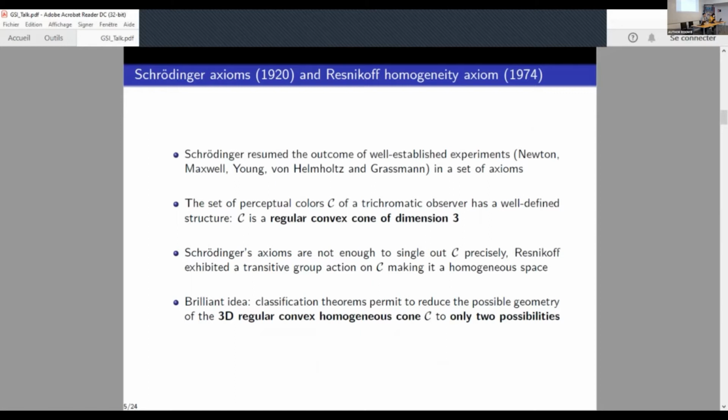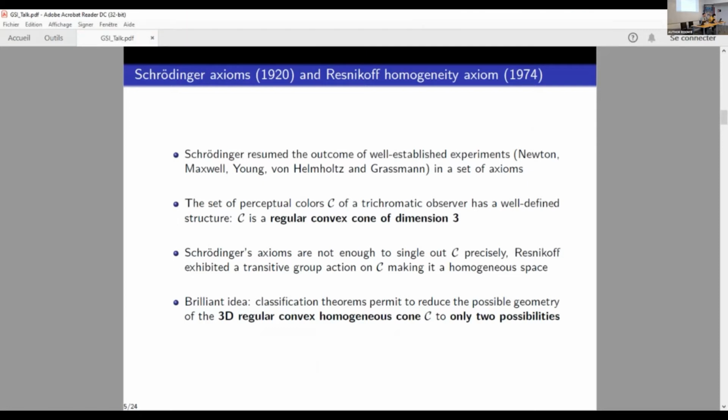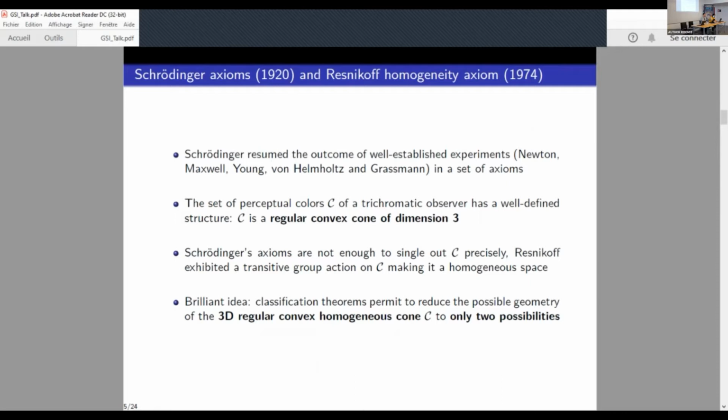The first hint is the fact that thanks to the experiments of Newton, Maxwell, Young, von Helmholtz, and Grassmann, Schrödinger in 1920 came out with a set of axioms to describe the properties of color perception. These axioms can be summarized by saying that the space of perceived colors is a regular convex cone of dimension 3.